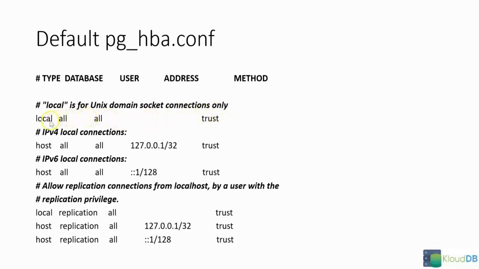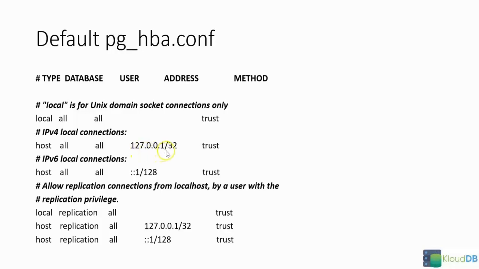These are for local connections, like the DBA user, which can locally connect, or anybody that is logged into the Unix server. So these are for local connections. You can see that the authentication method by default is trust, which means no password is needed. The user is all and the address is all.